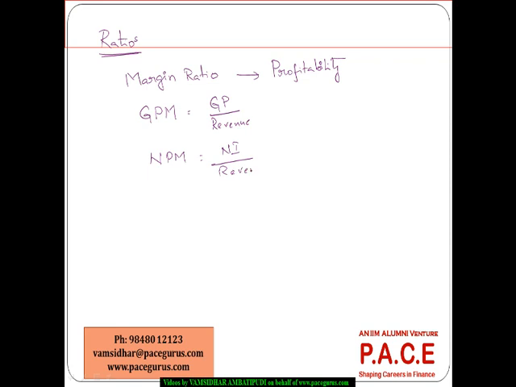Now, in isolation, this ratio may not have major significance, but if I compare it over time, how the gross profit of this firm has been changing year over year, or if I compare it with the industry standard or the competitors, I could see how this company is performing compared to the competition or where it is placed with respect to the industry.